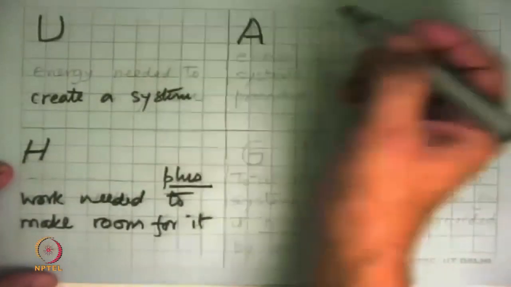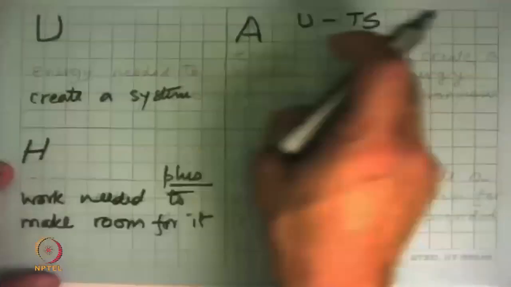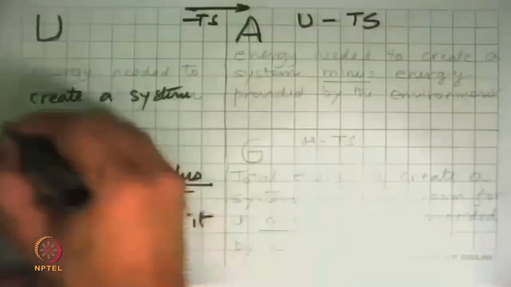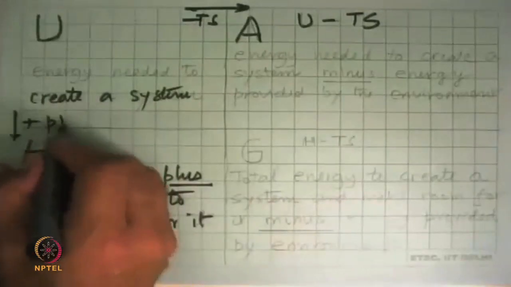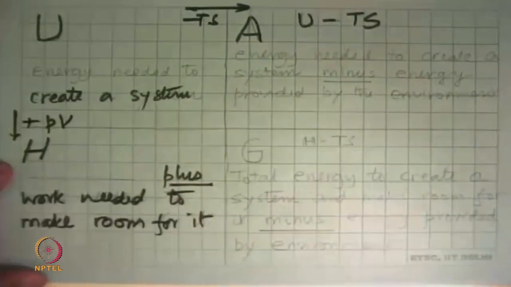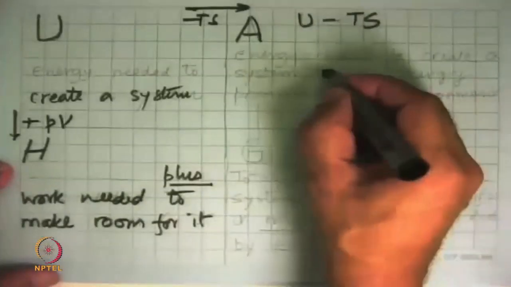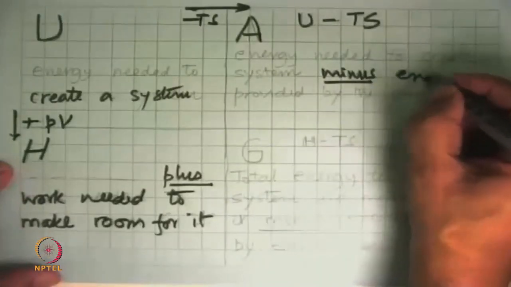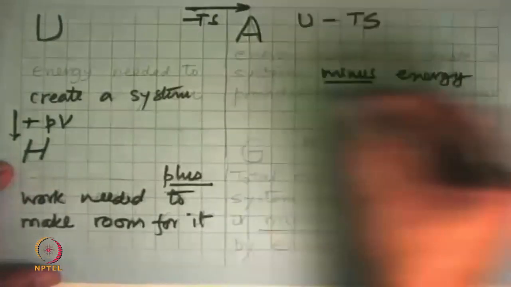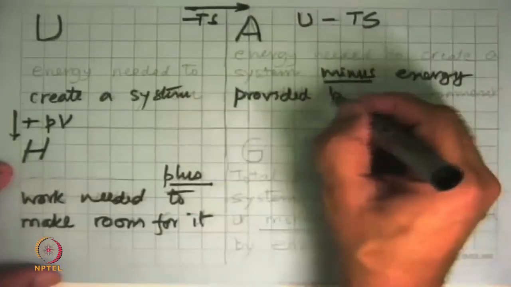Helmholtz free energy, which we call A, is U minus Ts. This is energy needed to create a system, which is U minus energy provided by the surroundings or the environment.